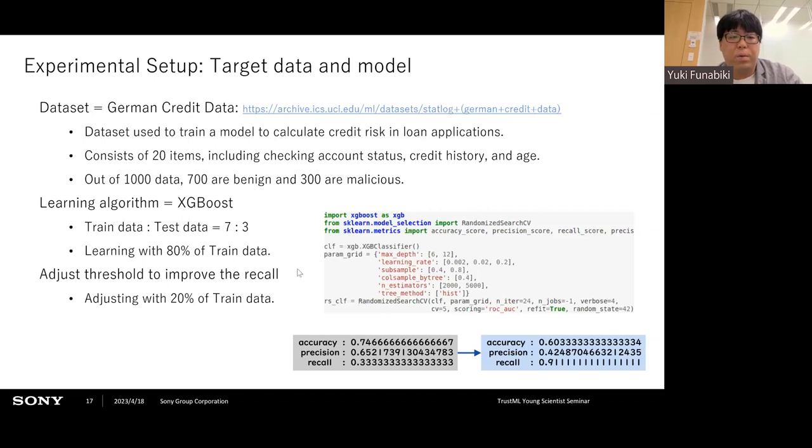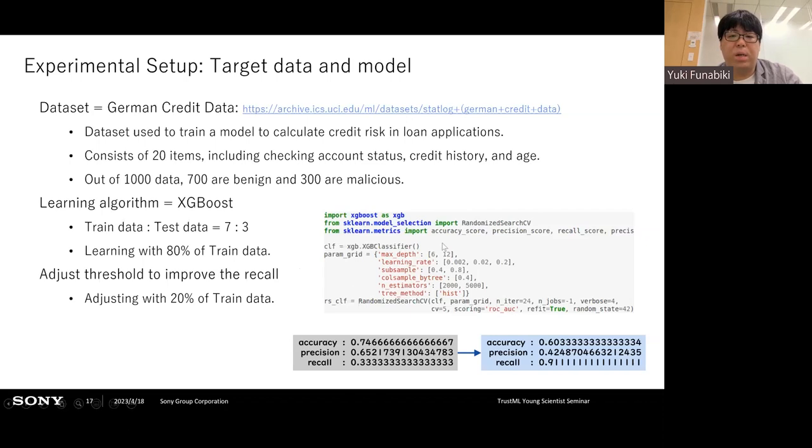We also selected the XGBoost algorithm, and we split the train and test data 70% and 30%, and trained with 80% of the training data. The other 20% was used for tuning the threshold to improve the recall.